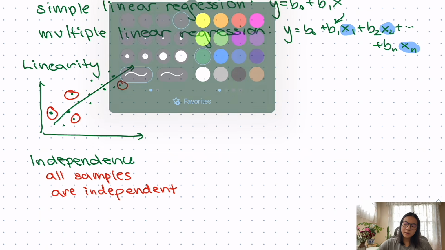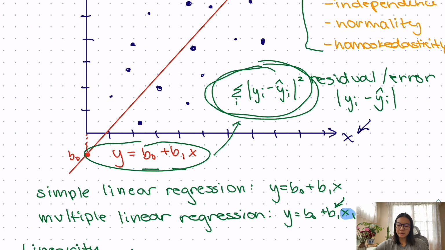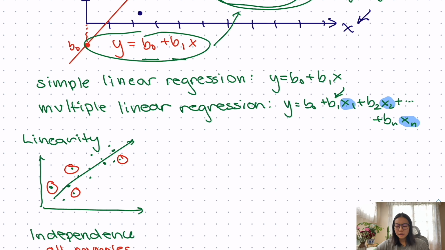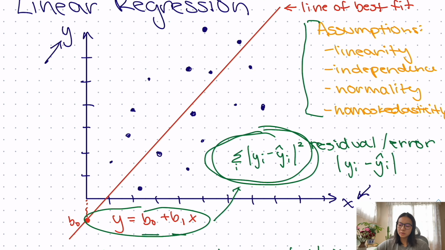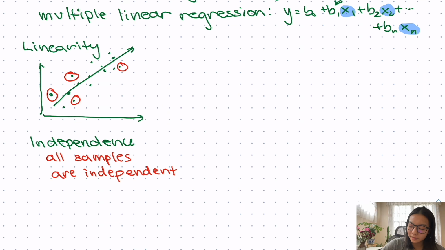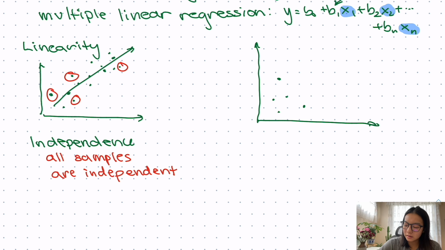Okay, now, normality and homoscedasticity are concepts which use this residual, okay? So if I have a plot that looks something like this, and my line of best fit is somewhere here, maybe it's something like that.